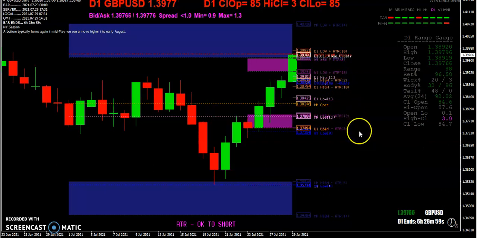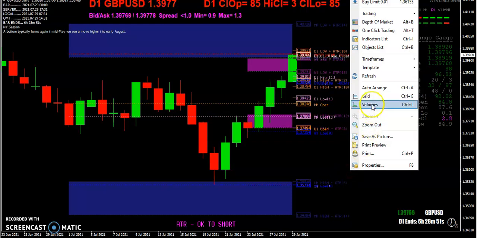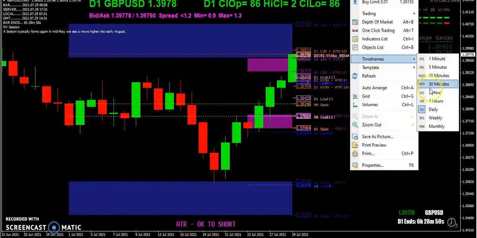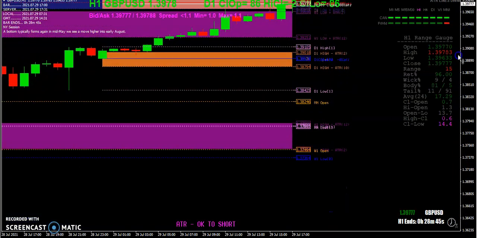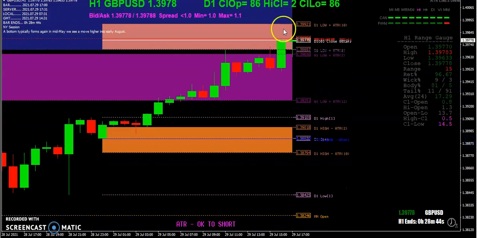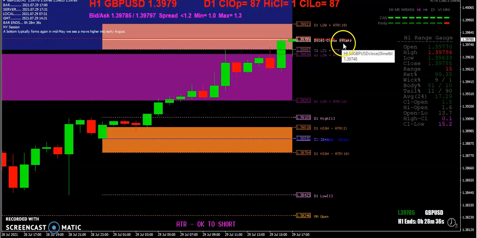The other thing on the ATR range is you notice in white there, I think I might have to drop down to the hour so you can see it better. Maybe, maybe not. And when I drop down to the hour, you can see the day ATR ranges pull in. So you see it says close 81% ATR.